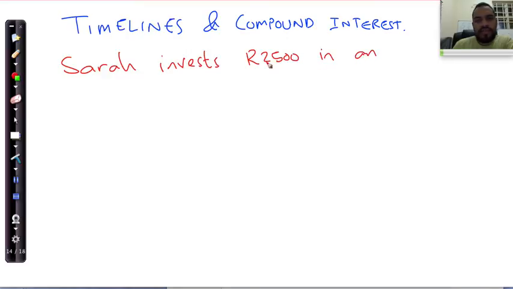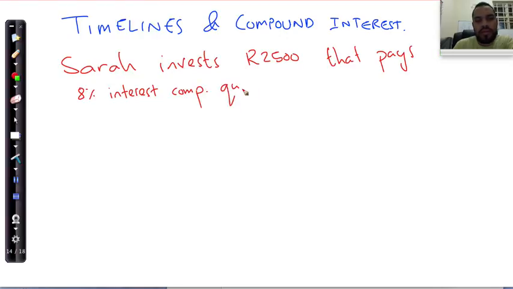Sarah invests 2,500 Rand in an investment that pays 8% interest compounded quarterly. Okay. Sarah invests 2,500 Rand in an investment that pays 8% interest compounded quarterly.